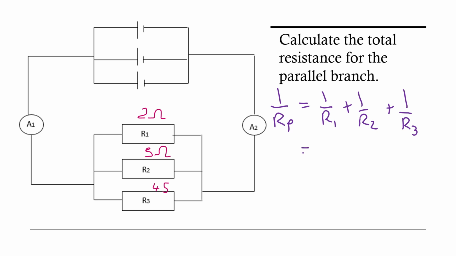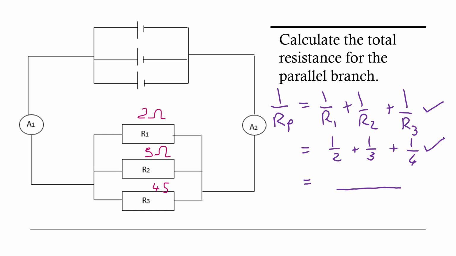Okay, so we know that R1 is 2, we know that R2 is 3, and we know that R3 is 4. It's basically like maths, okay? But we need to be a little bit showy. So you need to show me your calculations because you get a mark there and you get a mark there, okay, in grade 9. Now, what is the common denominator between 2s, 3s, and 4s?